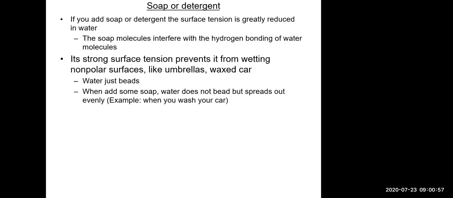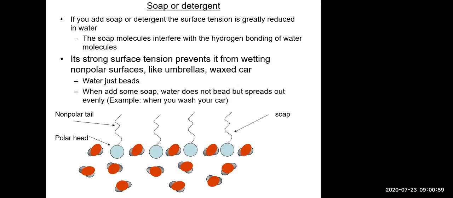And that's also why we use things like, for example, soap and so forth. Soap basically is two parts. It has a nonpolar part, which is sometimes referred to as the tail. And in organic chemistry, these are all carbons and hydrogens I'm drawing. Kind of looks like a mountain range. These are all basically carbons and hydrogens attached. And at the end of soap is usually a polar part.